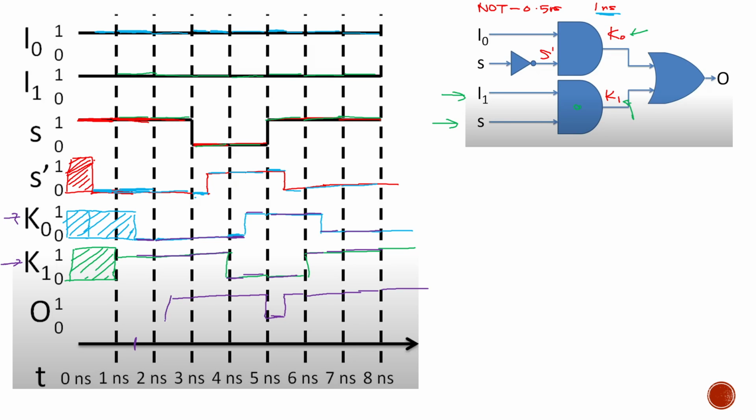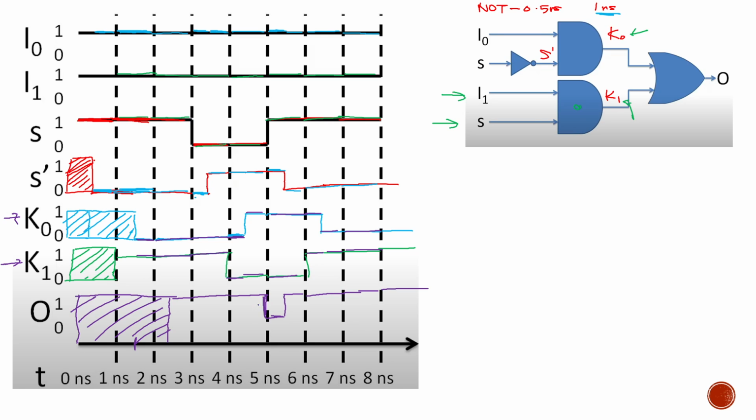So the output signal is undefined for this period of time in the beginning, because it just doesn't have the necessary signal to produce any output. What we are seeing over here is a glitch. In the original timing diagram without propagation delay, the output stays 1 at all times.